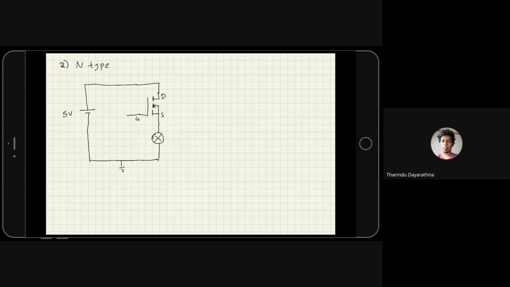Previously I said this VGS should be greater than, let's say the threshold value is 1 volt as an example. It depends on the MOSFET you select, it can be a different value, but for the explanation I assume it is greater than 1 volt.